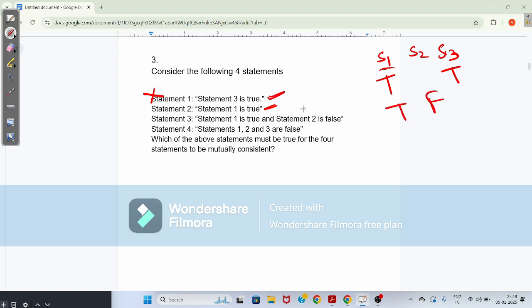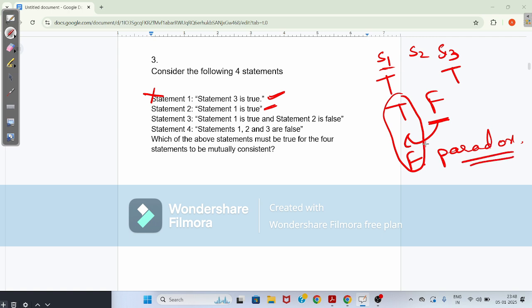But statement 2 is saying statement 1 is true, which means this is false here. It is saying statement 2 is false, means this is also false. So this is also a paradox, called mutual inconsistency. It has been formed here, so this is also a wrong statement.